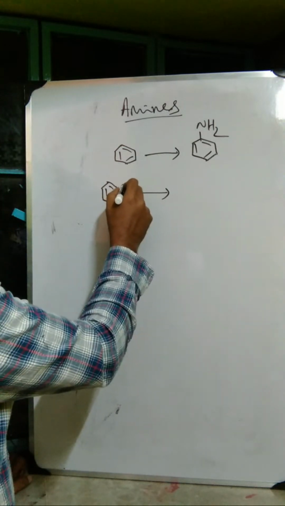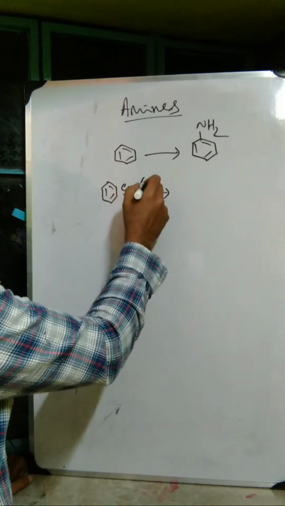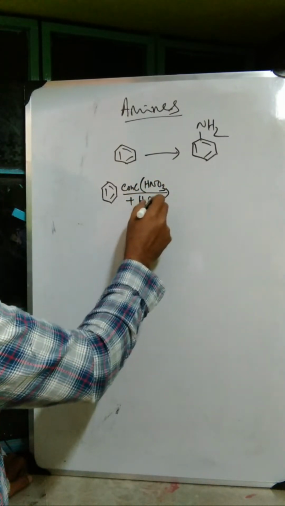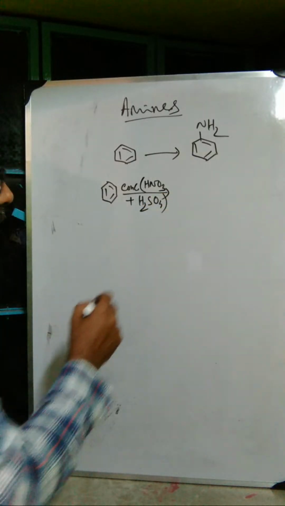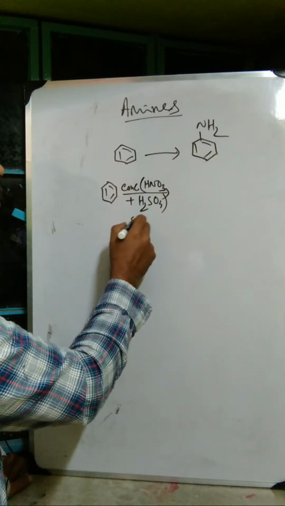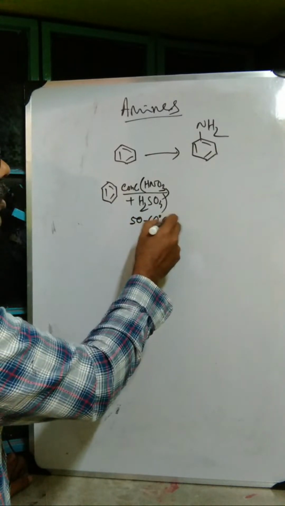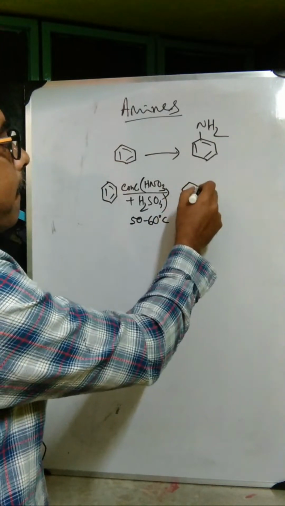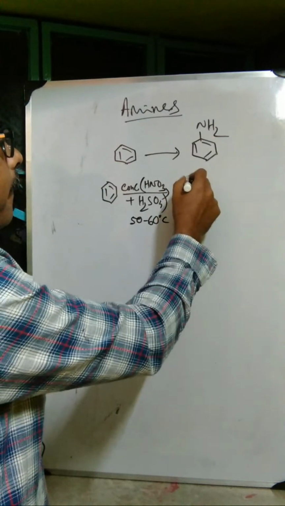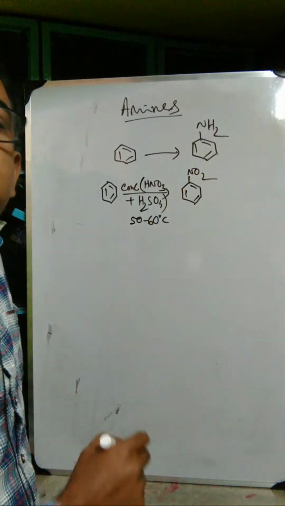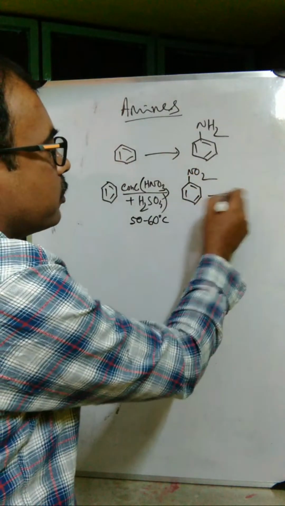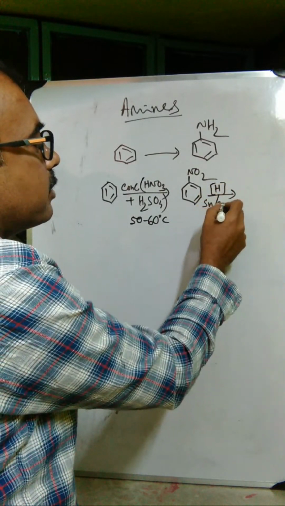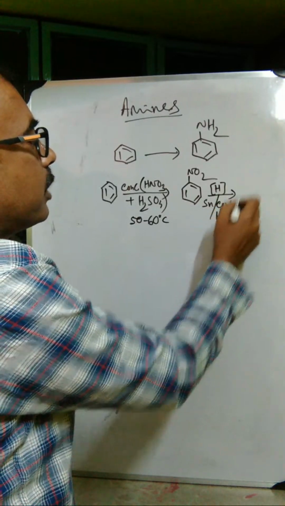To get this, we need to give a mixture of concentrated HNO3 plus H2SO4, maintaining the temperature at 50 to 60 degrees centigrade, where nitrobenzene will be formed. Now, if we reduce the NO2 by using tin and concentrated HCl, then we will get aniline.